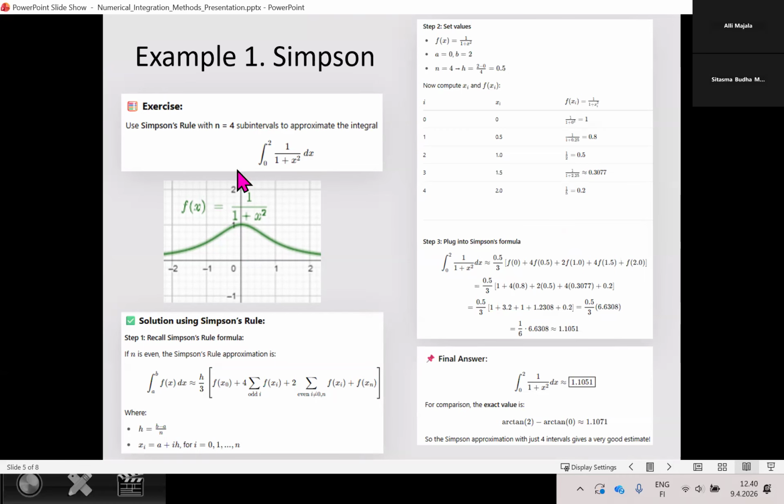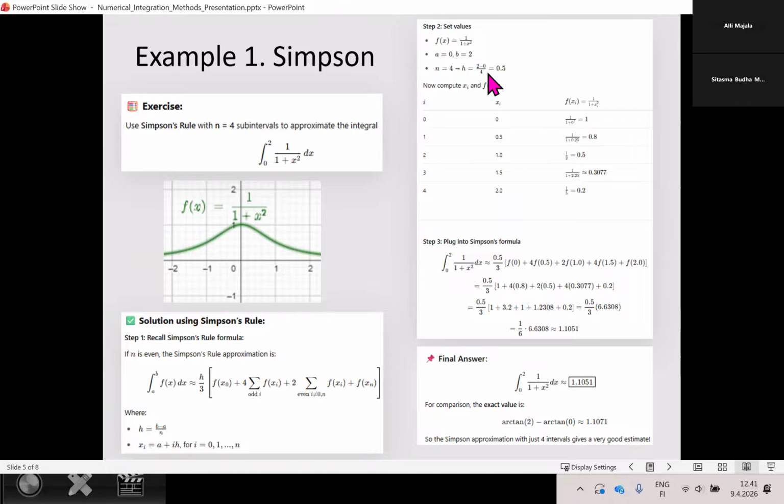So for example, something like this, you want to calculate the definite integral of, but you can't because you don't have the inner function derivative here. So you can't get the integral with the integration techniques. And then you would calculate it with the Simpson method. You just have to divide this area into, for example, four intervals, an even number of intervals.